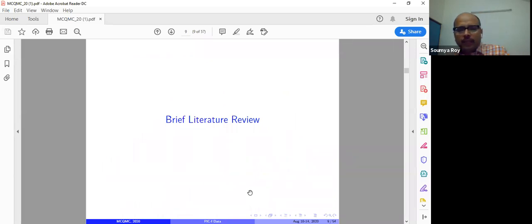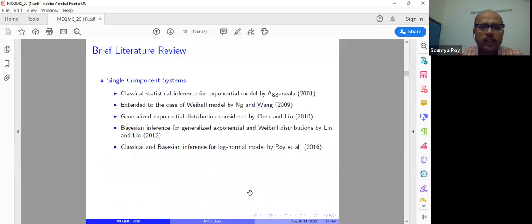Now, coming to the brief literature review, this progressive type 1 interval censoring scheme has been dealt with in the literature in detail. For example, as I have already mentioned, Aggarwala provided classical statistical inference for the exponential model in her 2001 paper. This was further extended to the case of Weibull model, and then for the generalized exponential distribution by Chen and Lio.